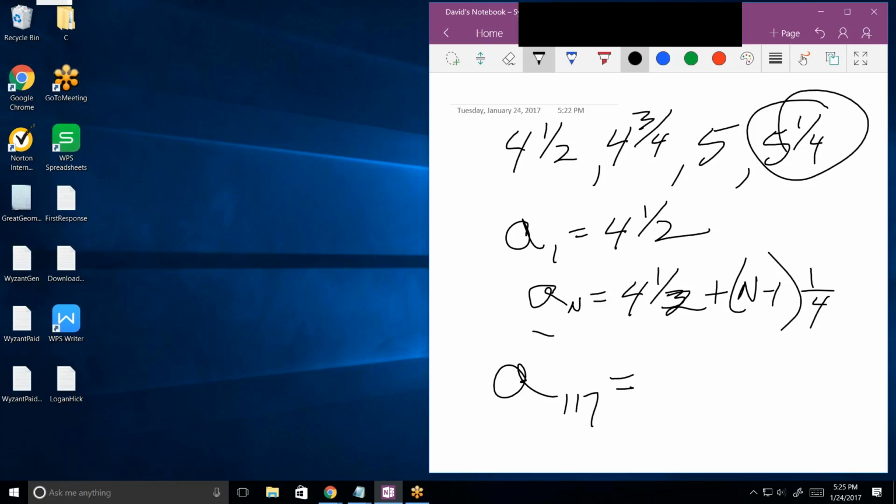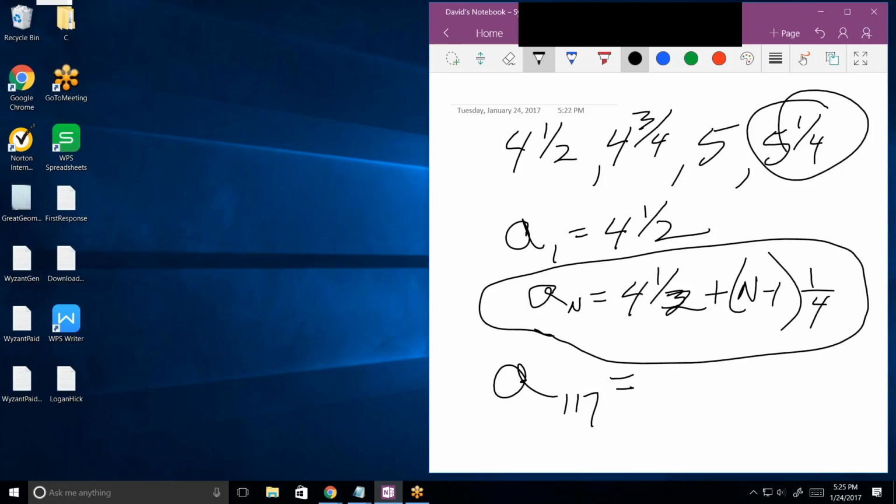Now I can tell you what a sub 117 is. Pretty easy. A sub 117 is 4.5 plus n minus 1, which is 116, times 1/4. Whatever that number is going to be the 117th term of this sequence.